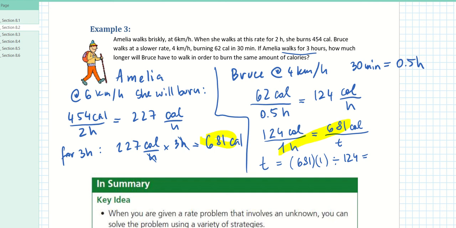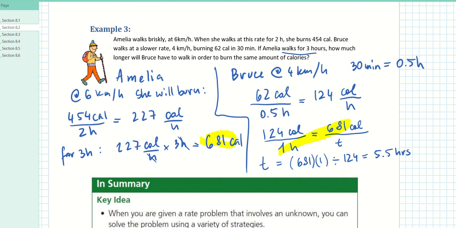To get the time, this equals 5.5 hours, right? So 5 hours and 30 minutes. So in order for Bruce to match the same amount of calories that Amelia burned, he needs to walk longer, for 5.5 hours. As compared to her, she walked this in 3 hours, so 2.5 hours longer than Amelia.